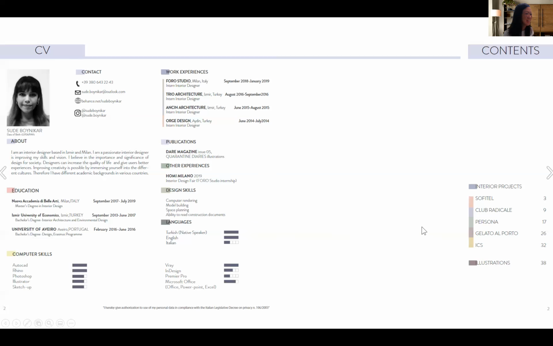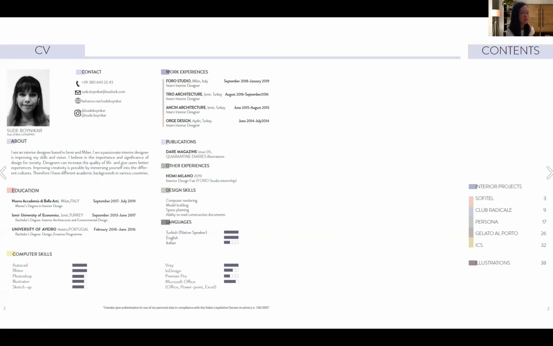Don't measure your skills. And she also inserted the contents, because the table of contents doesn't have many elements to put. So she just put the bio and the contents page in one spread.